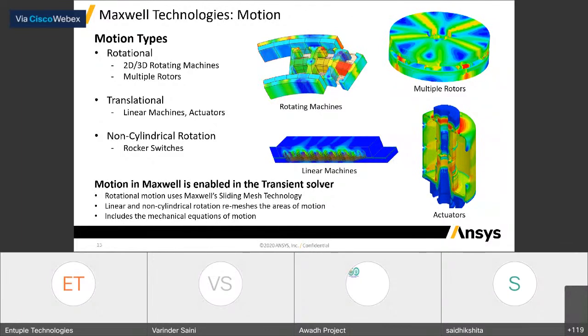And there can also be a linear machine, which can move indefinitely in a linear fashion. Plus you can have rotating machines. You can have multiple rotors rotating simultaneously or multiple linear movements simultaneously, right? So these kinds of motion are available.